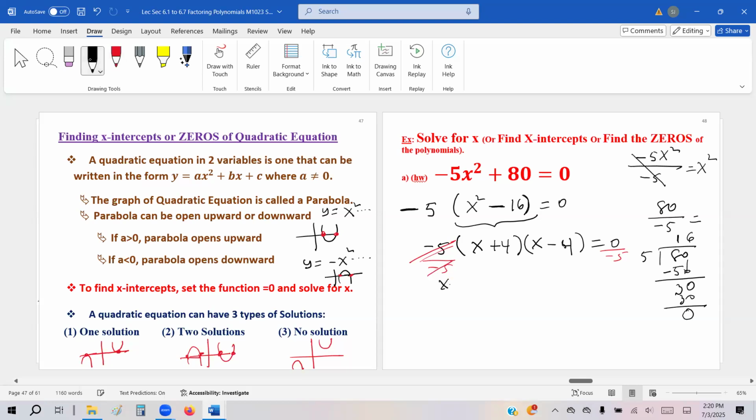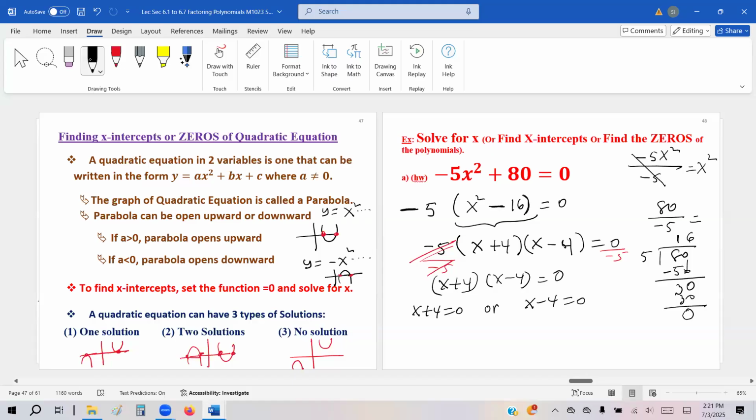We have x plus 4, x minus 4 equals 0. And now just like before, their product is 0. That means one of them has to be 0. But we don't know which one. So we say, well, probably the first one is 0, or maybe the second one is 0.